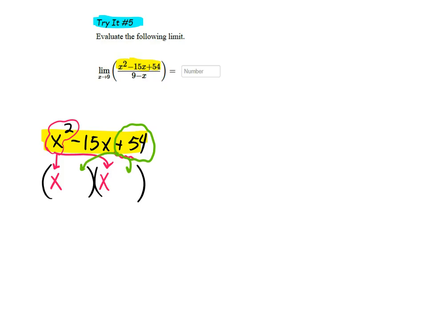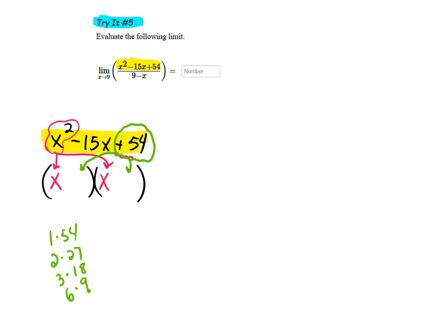Well, 1 times 54 is 54. 2 times 27 is 54. 3 times 18 is 54. 4 does not go in there. 5 does not go in there. 6 does. 6 times 9, I just found it.